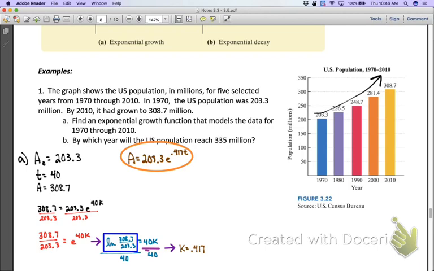So from there, my mistake, whenever I took the natural log I got 0.0417, and whenever I divided it by the 40, then I got 0.0104.